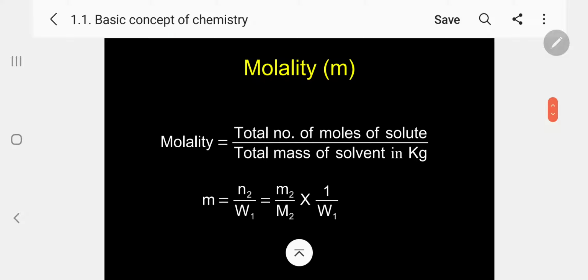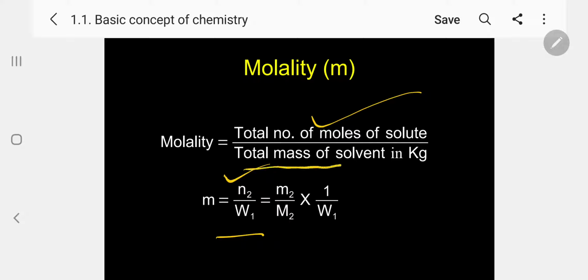So, the next one. Molality. What is molality? Number of moles of solute present in 1 kilogram of solvent. Please follow, 1 kilogram of solvent. Or I can simply say total number of moles of solute divided by total mass of solvent in kilogram.